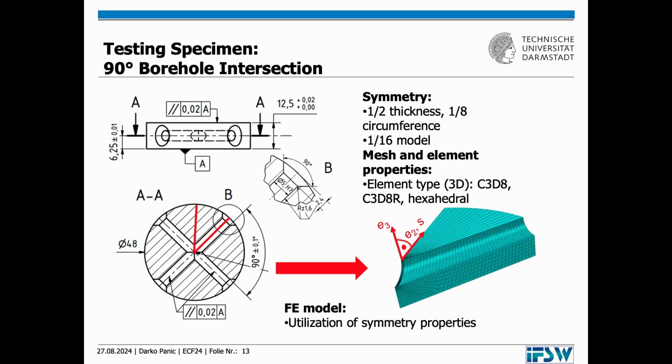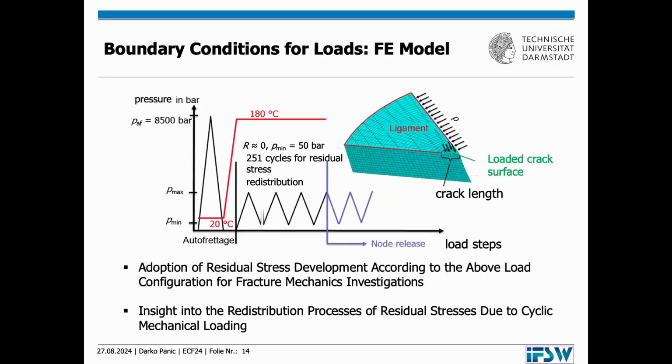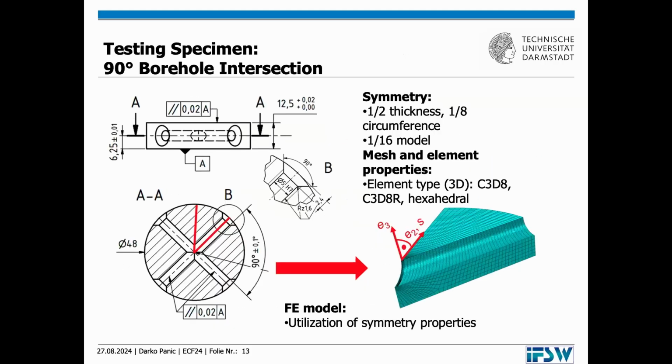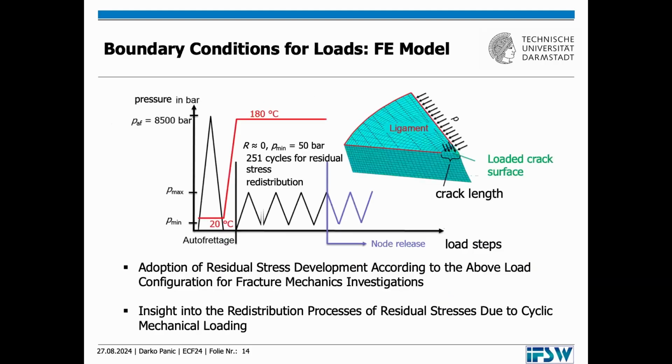And why such complicated specimens? Why not a CT specimen? Because that's usual in research work, where the aim was to build up some special components of a common rail system component, and usually you have such 90-degree borehole intersections in it.